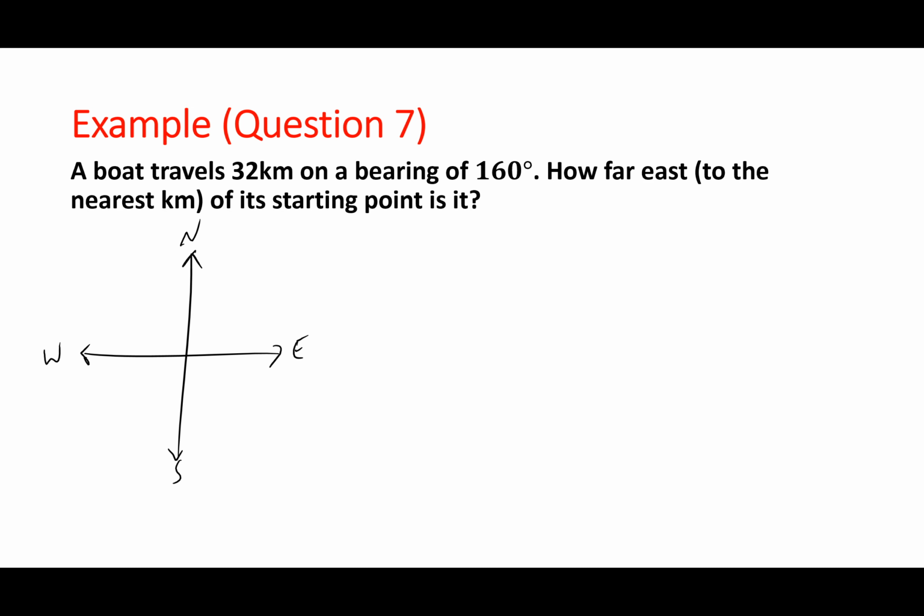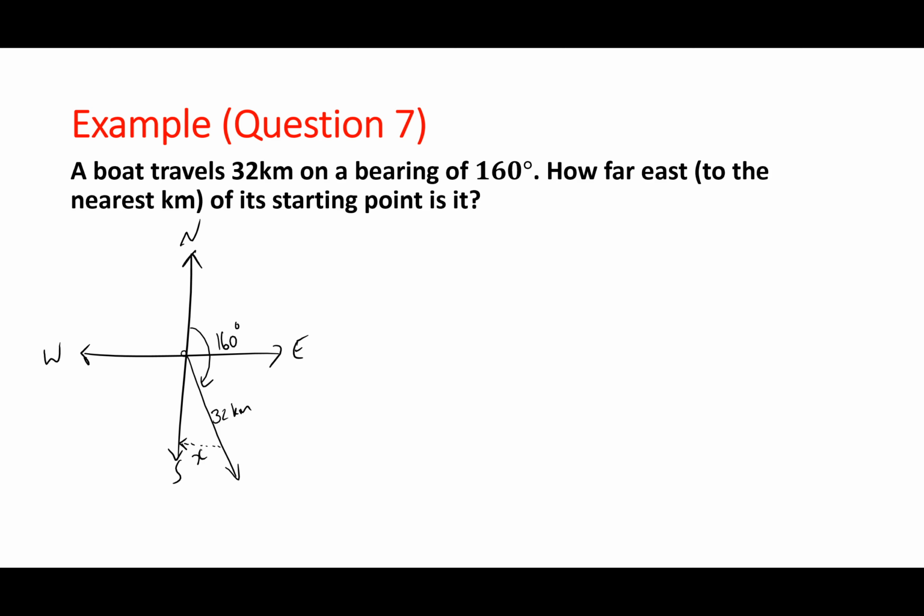Okay, it's traveled 32 kilometers. And what we want to know is, how far east away from its starting point is it? So basically, how far in the east direction has it traveled? So we'll put an X there, this time for east, our unknown direction.